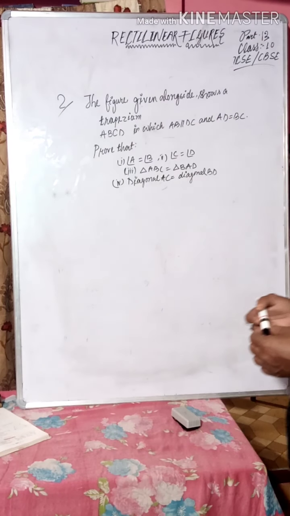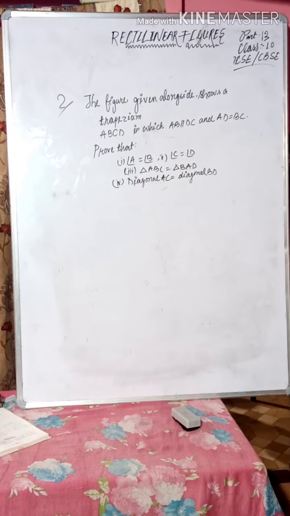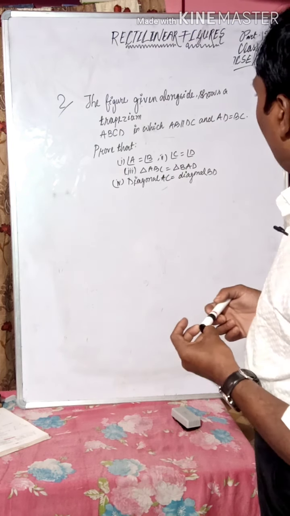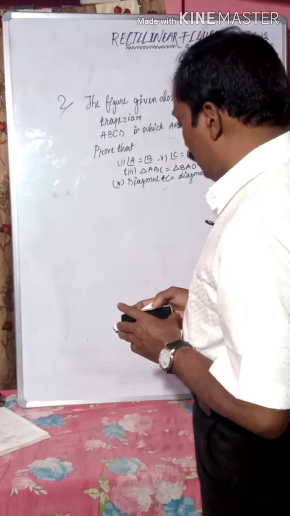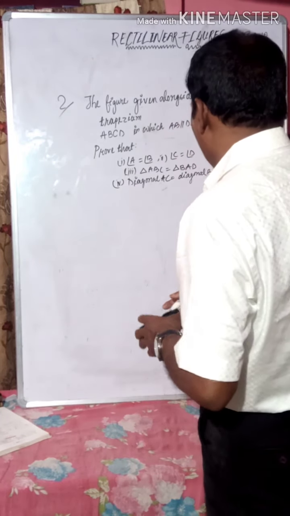So our next question, question number 2. The figure given alongside shows a trapezium ABCD in which AB is parallel to DC and AD is equal to BC. Prove that this much. So now we will draw a trapezium.